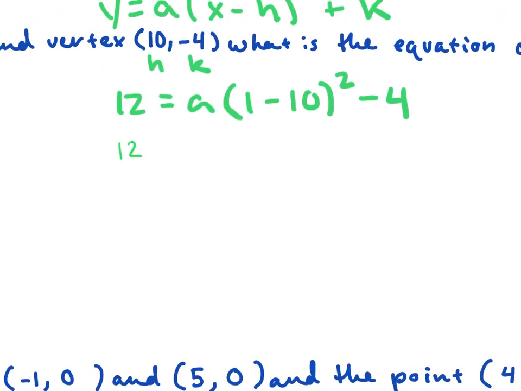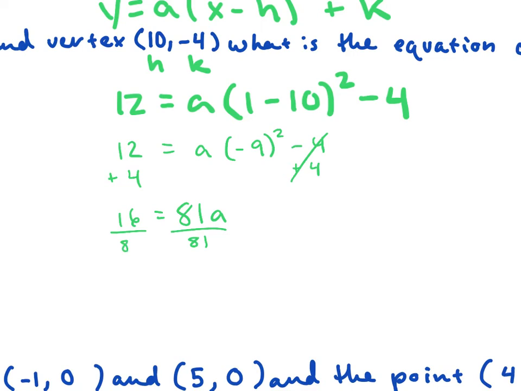So this would be 12 is equal to a times -9 squared minus 4. We can add 4 to the other side. So 16 is equal to a times -9 squared, which would be 81. And then we just divide both sides by 81, and we get a is equal to 16 over 81.